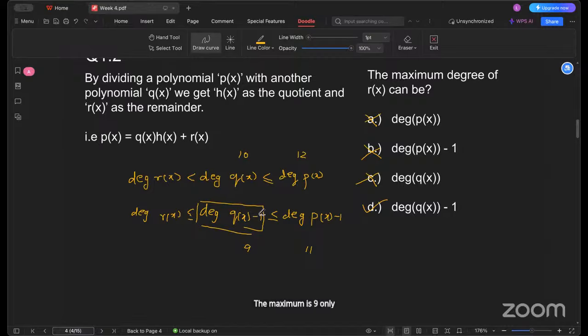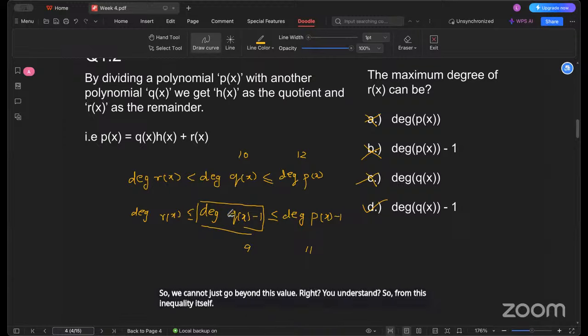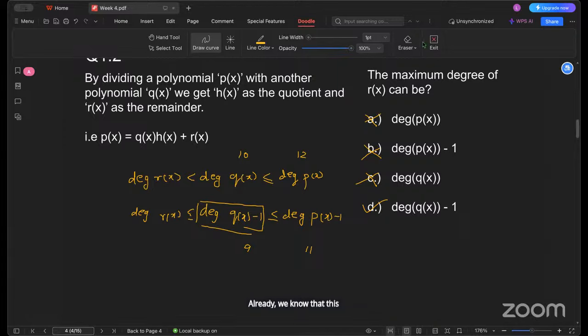Because this inequality itself tells that this is the maximum. It cannot go beyond this, right? Already we know that this is less than or equal to this. So we cannot go beyond this value, right? You understand? So from this inequality itself, we already know that this is the maximum possible value.